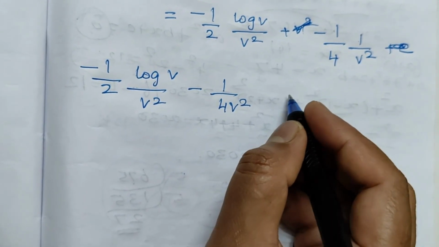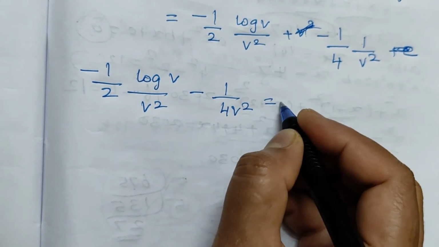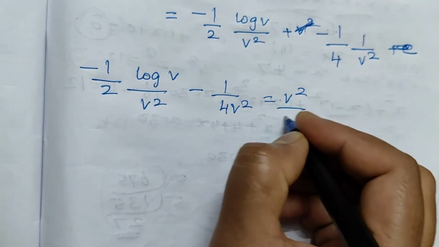You have to bring this one to the next side, that is equal to v²/2.